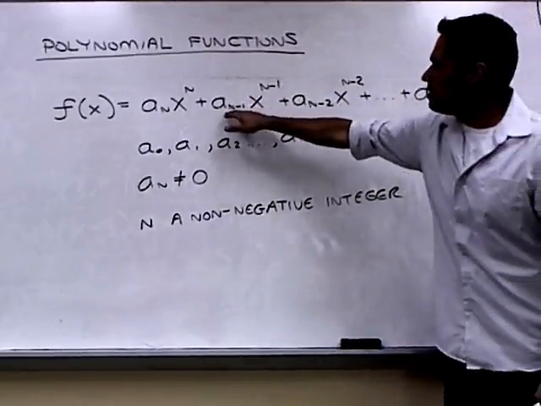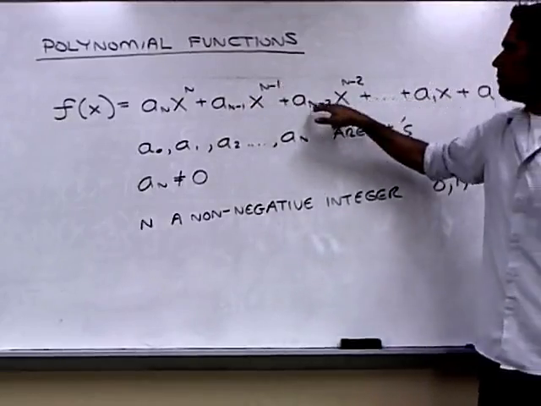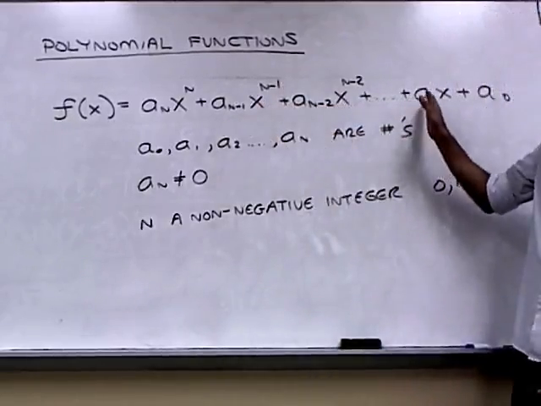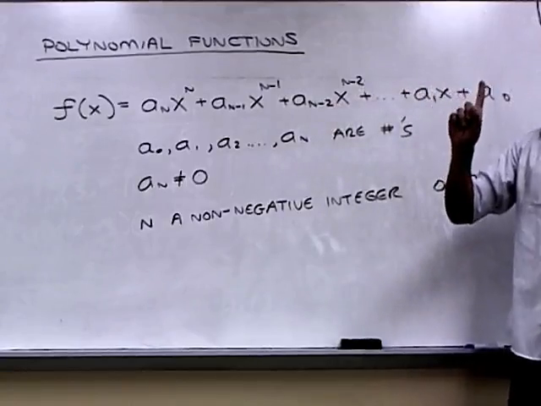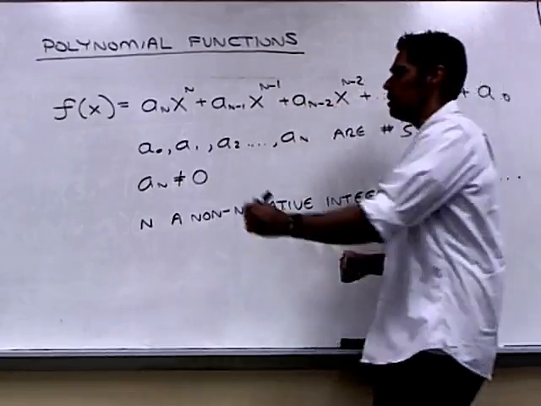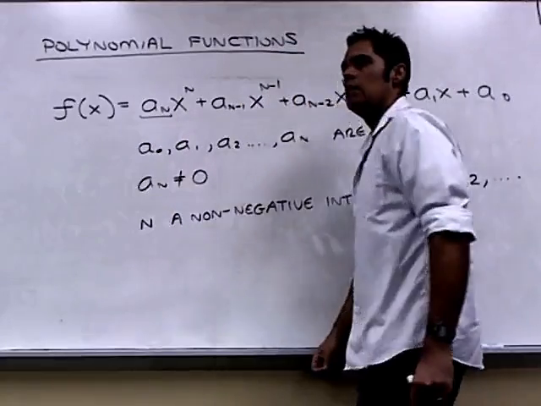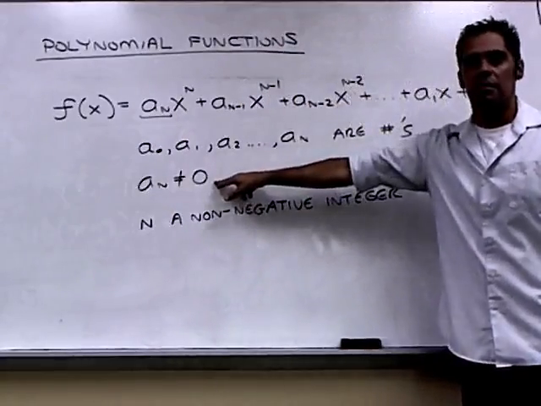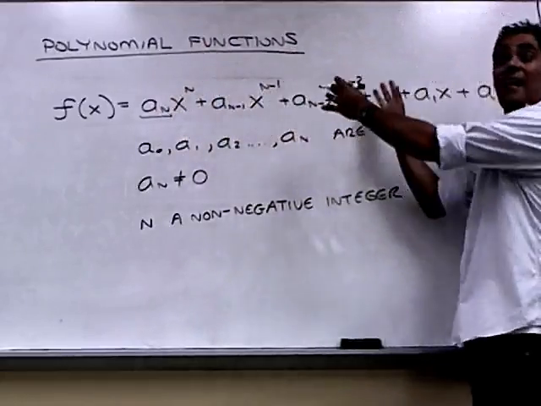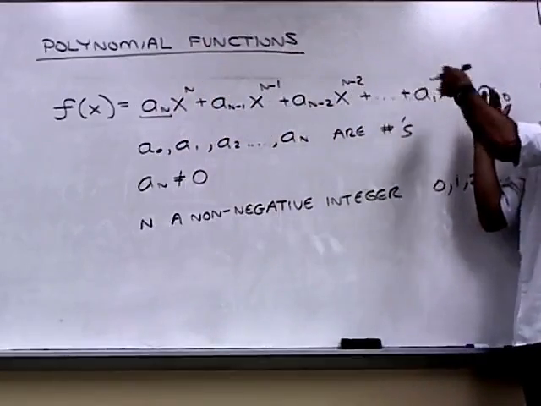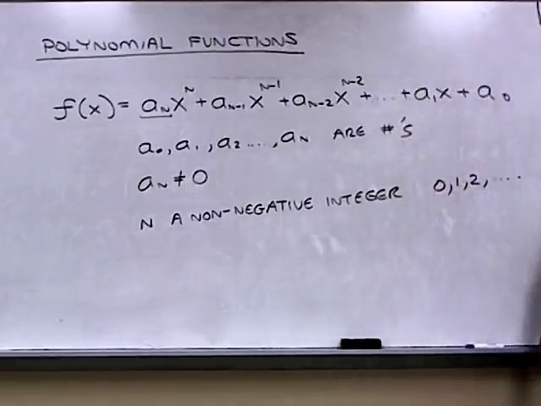And each one of these things in front is just a number. Can these numbers in front be zeros? Yes, except which one? The first one. This is the only one that can't be 0. So that's what this says. If you have a number in front of x to a power, and then you may or may not have other x's to lower powers, this is called a polynomial function.